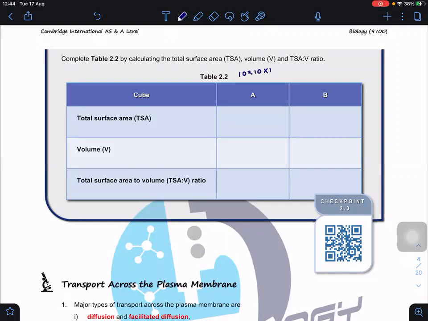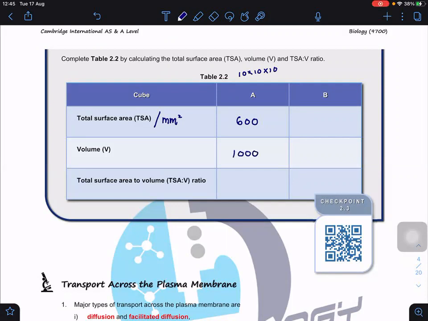So the total surface area is 6 multiplied by 100, so 600. What is the unit? Because the unit is mm, the total surface area will be mm square. Volume is 1000.